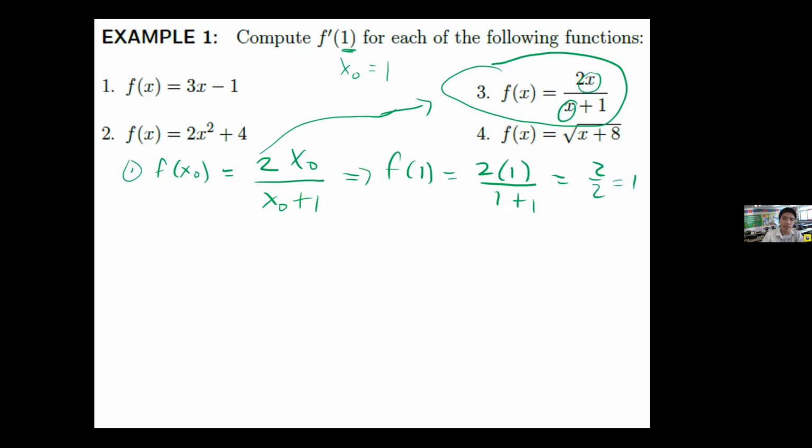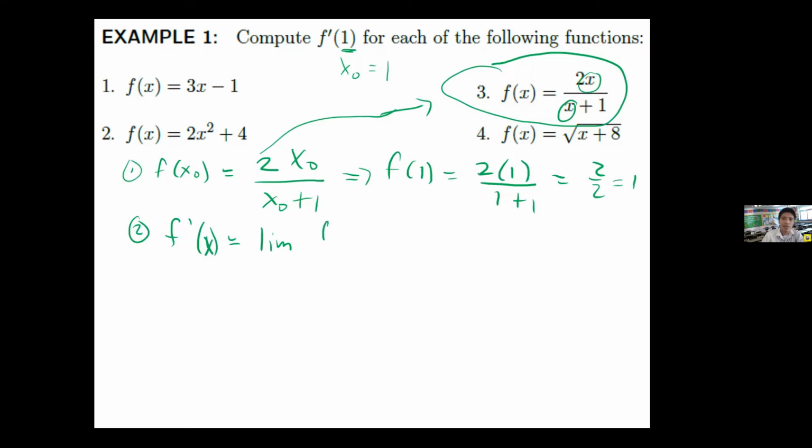Second step, pangitaon na nimo si f prime of 1. So, sa f prime of 1, you'll determine the limit. So, copy lang nimo ang f of x. Butang na lang nato ang formula para step by step. Kuhaon na nato si f prime of x.